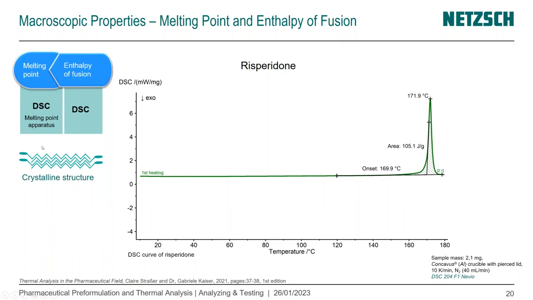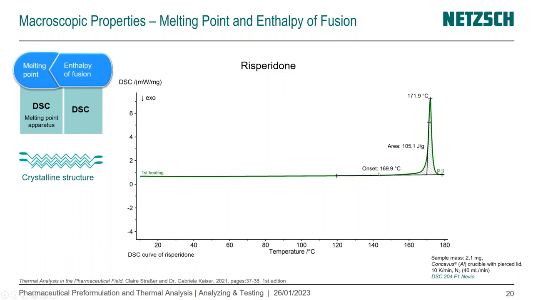When we heat this structure, at a certain point, it starts to melt. This is a characteristic of a crystalline material. And we have here 3 important pieces of information: the peak, when the complete melting has been done, the melting is finished, the area under this curve, and the extrapolated onset.